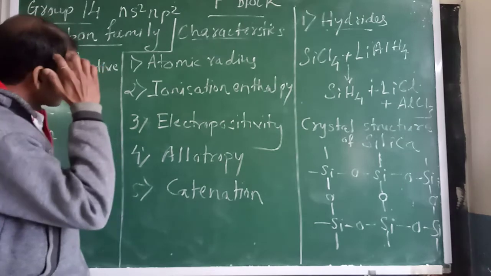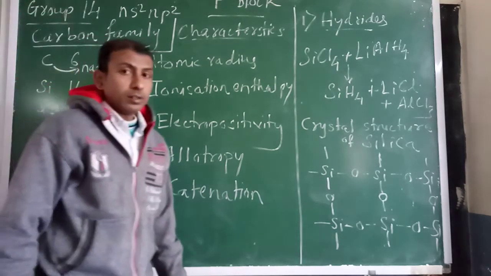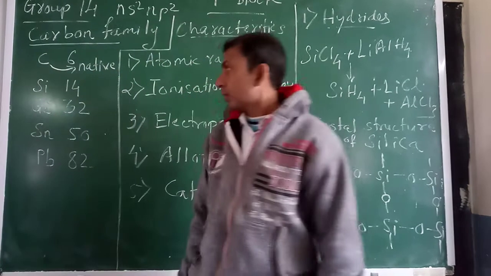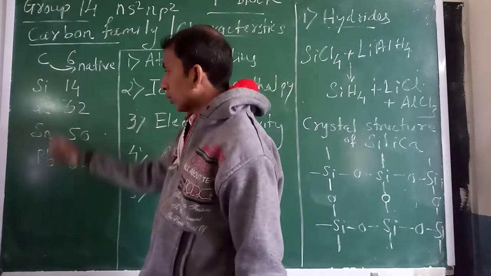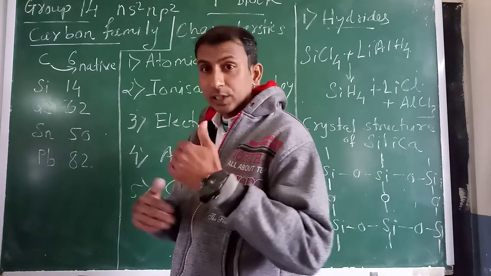The first one is atomic radius. Down the group from top to bottom, atomic radius increases because the atomic number and the number of shells are increasing.